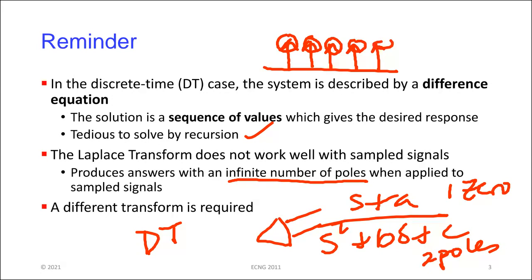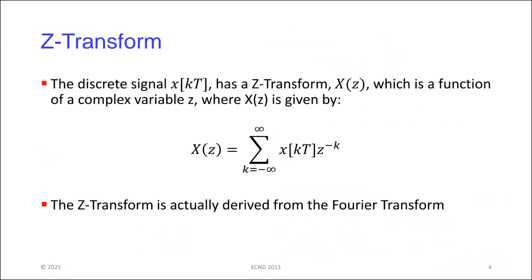Well, because of the nature of the impulse train, the Laplace transform starts to create poles that were not there before. You get this repetition being created, and you end up being more complex than you were in the first place. So what we need is something different. And this different thing is something called the Z transform, right? And this is what we're going to spend today talking about.